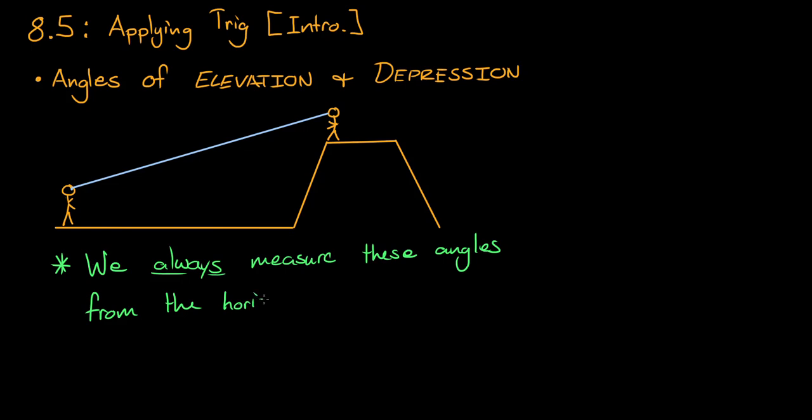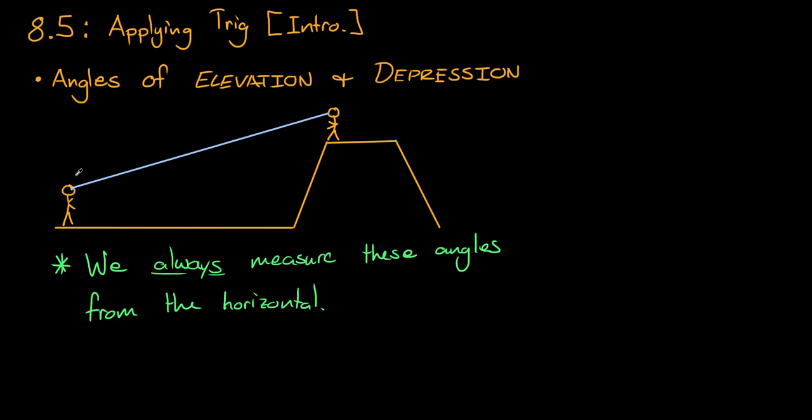Always, always, always. Now, this statement can be kind of unclear depending on how you're thinking of it. When I'm referring to the horizontal, this person's horizontal on the bottom is different than this person's horizontal up here. I'm going to sketch from their line of sight a line that is horizontal, a sideways line.